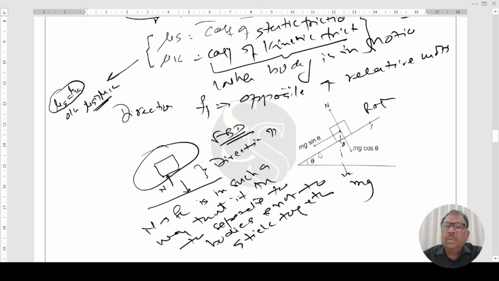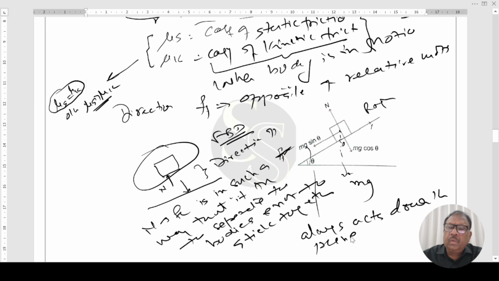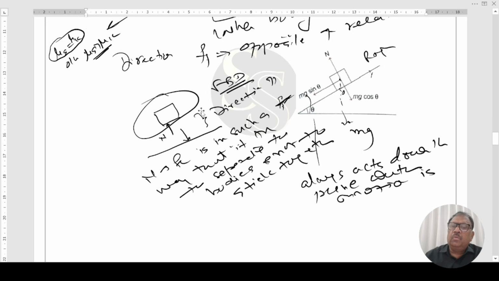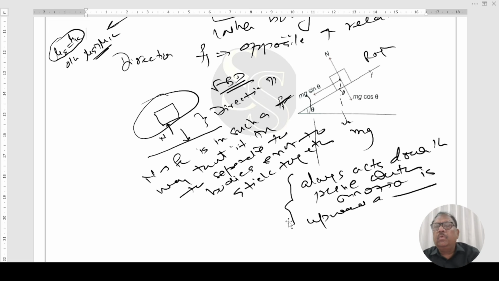Resolving this into this component and this component. This is friction force. This is friction. Mg sin theta, sorry, this is a component of weight. Mg sin theta always acts down the plane, whether the motion is upward or downward.